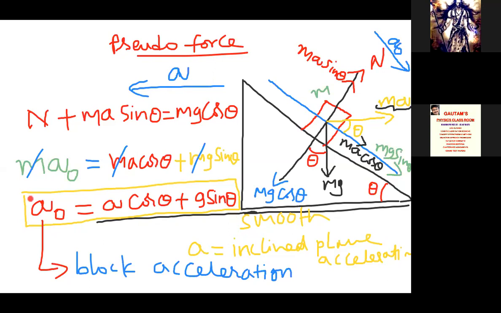A naught is the block acceleration, and A is the inclined plane acceleration. This inclined plane is given the name wedge.